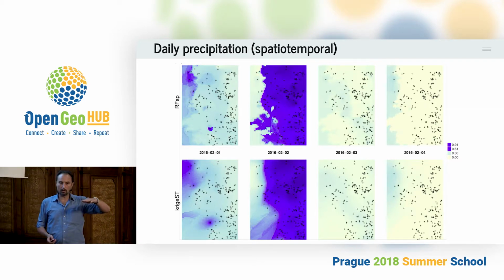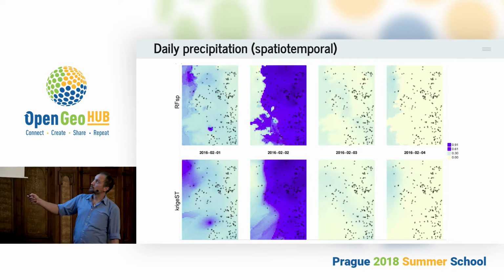You go from 1,600 meters to 3,000 meters. And so the machine learning picks up this boundary between the plateau and the mountains. Here it's also visible, but less. It's more smooth.